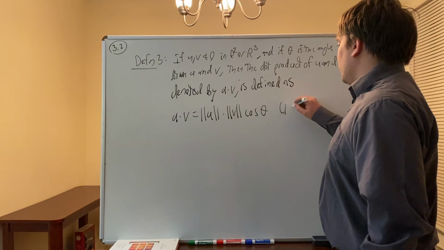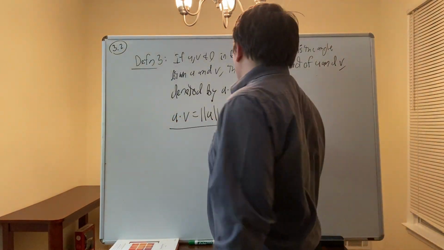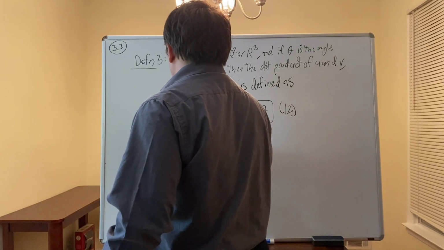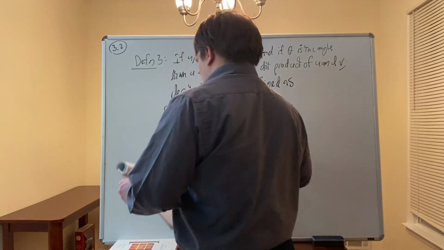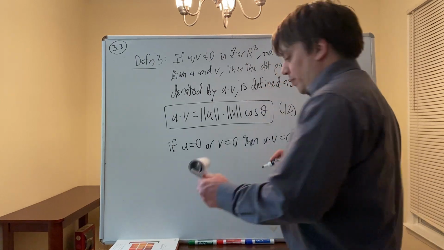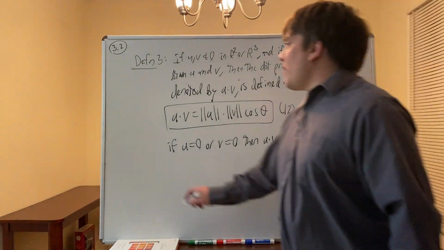That's equation 12 in 3.2. If U equals 0 or V equals 0, then U dot V is equal to 0. This is definition 3.